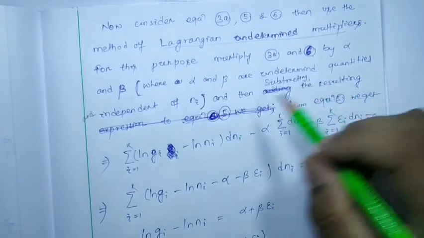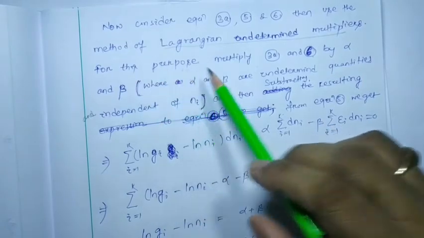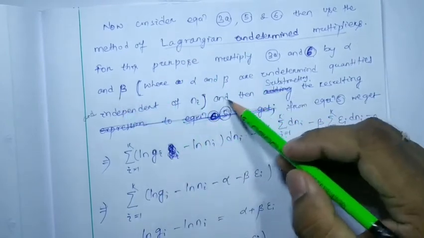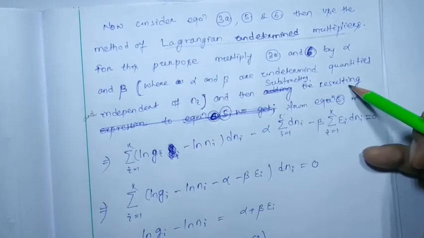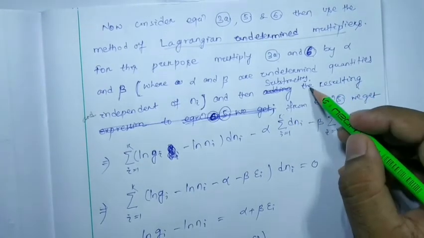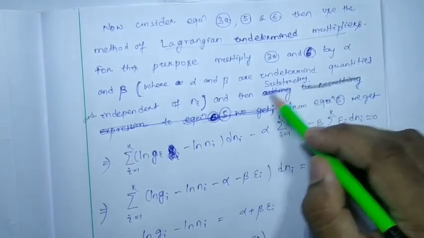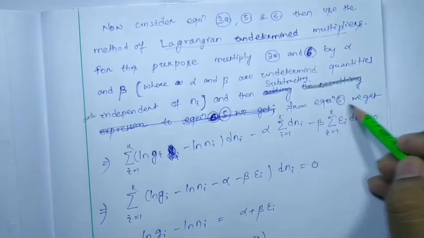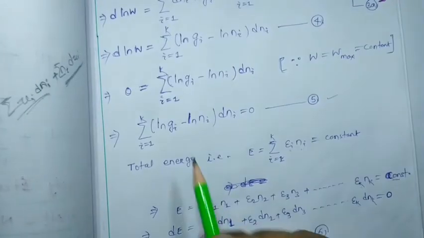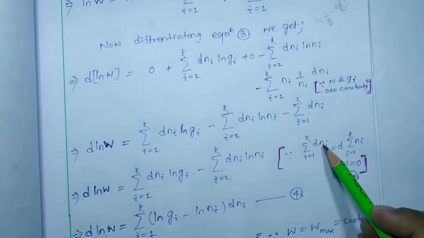Then subtracting, see these things I have written in the bracket. Multiply 3a and 6 by alpha and beta, and then subtract the results from equation number 5. Equation number 5 is this one, this value equals 0. Again this value is 0.